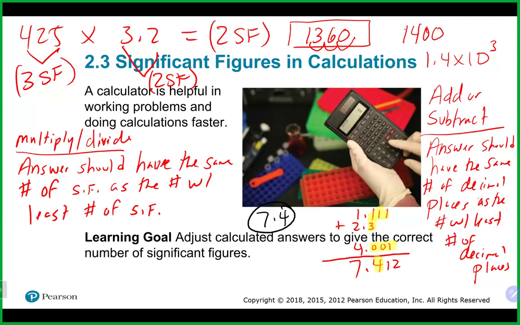The reason we take the least in each of these cases is your calculation is only as good as your worst measurement, and your worst measurement would have the least number of sig figs or least number of decimal places. So that's why we always look at the least. Any questions on that there?